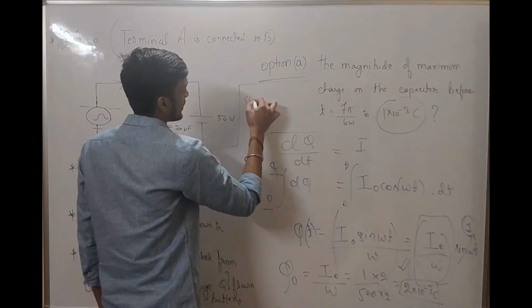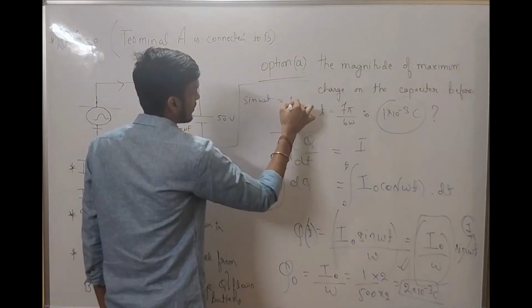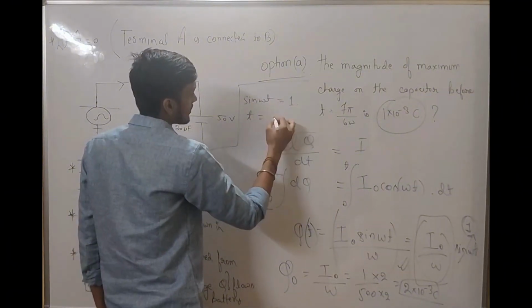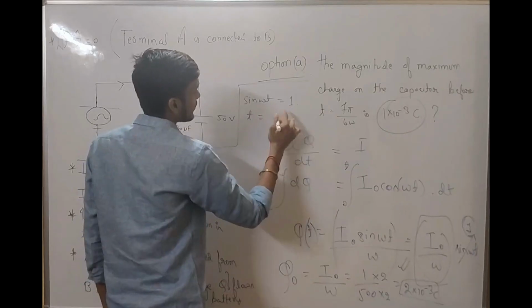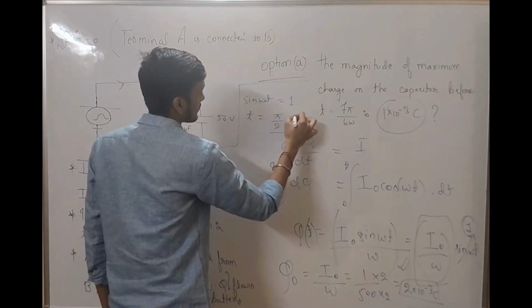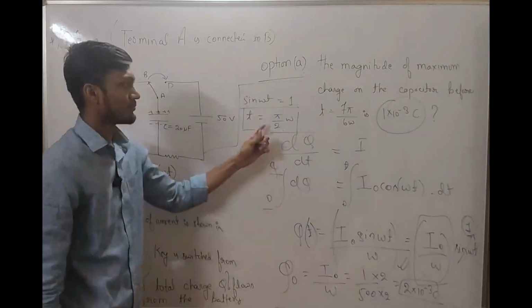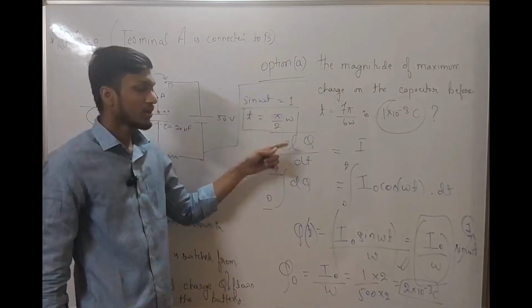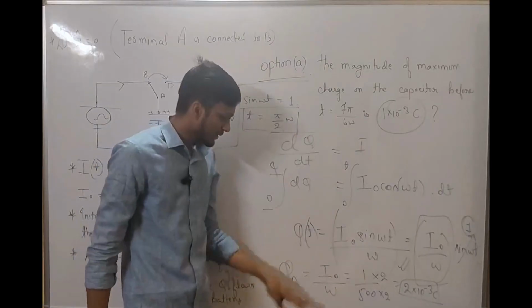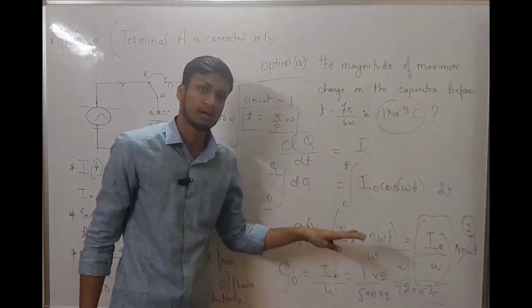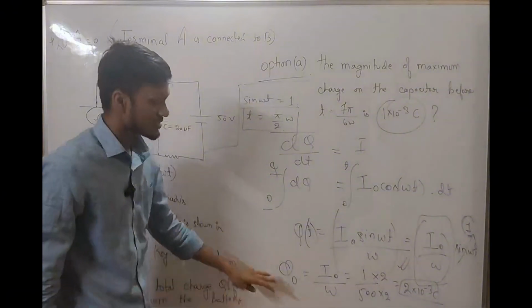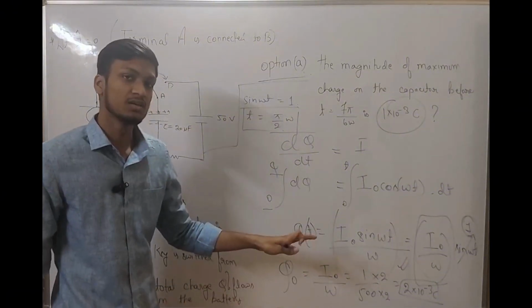So sine omega t is equal to 1. This would imply that t must be pi by 2 omega. And at this particular time, the charge must be 2 into 10 to the power minus 3 coulomb.